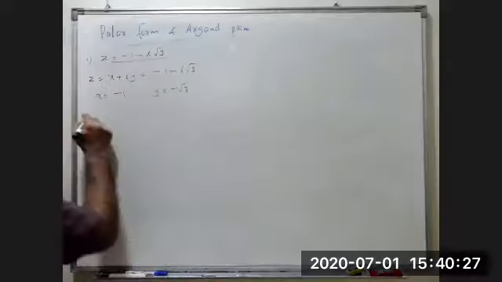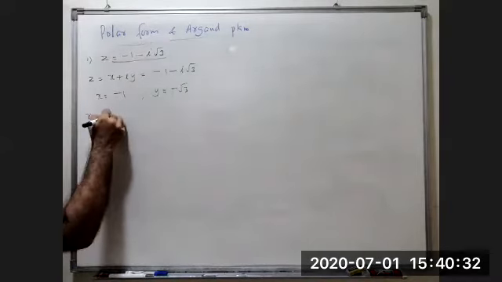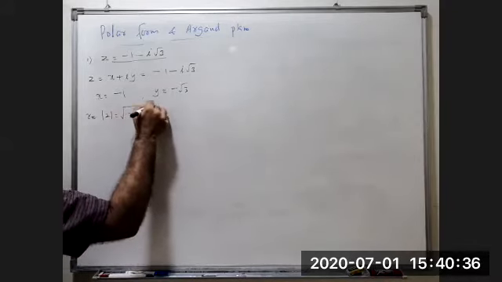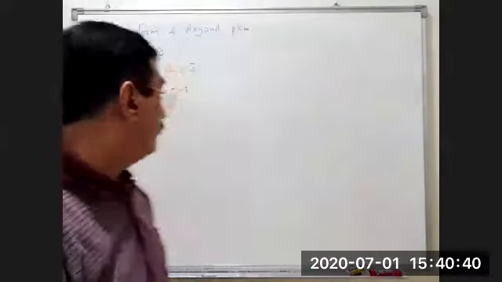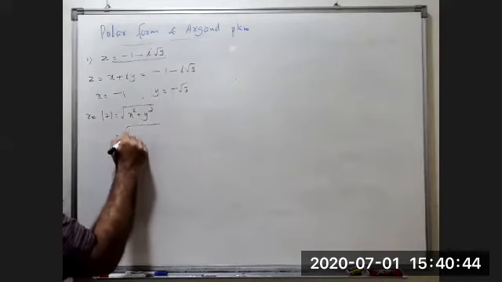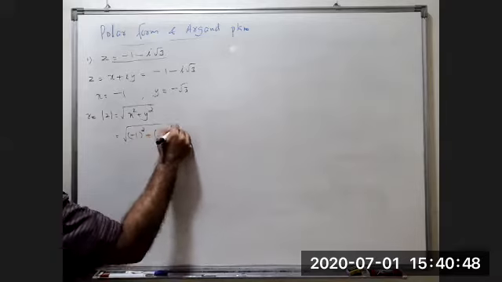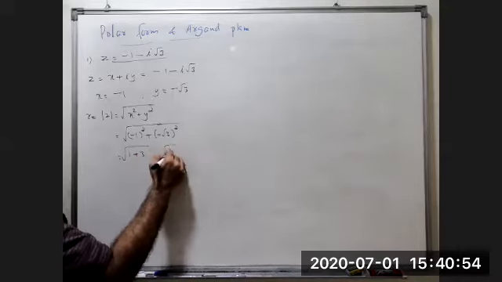Then we can find r. R stands for the modulus of z, which is given by the formula root of x square plus y square. We learned it. This is root of minus 1 whole square plus minus root 3 whole square, which is root of 1 plus 3, root 4.